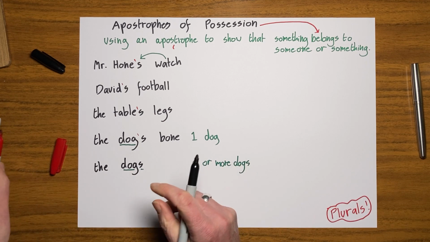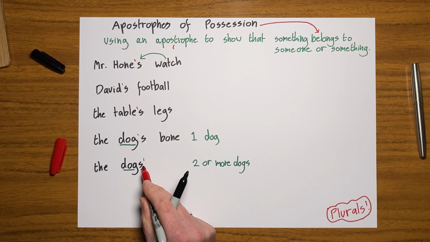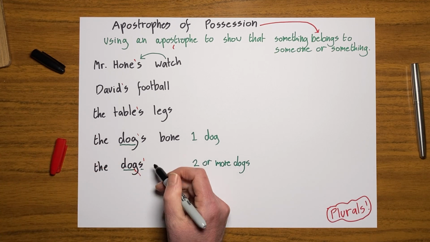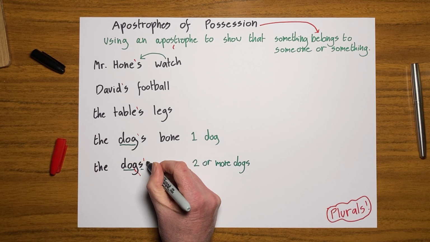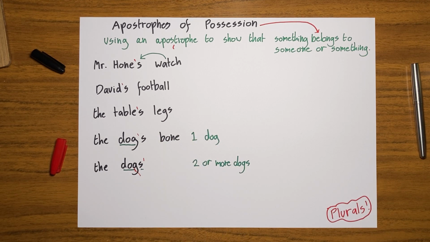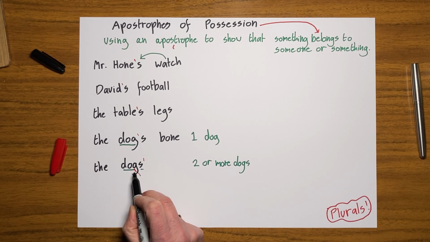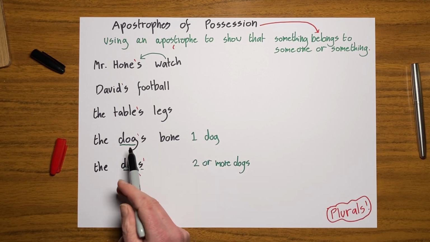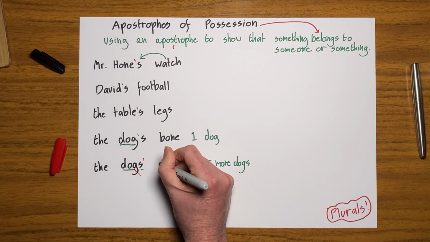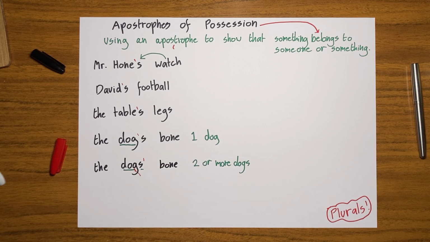Here I need to put the apostrophe after the S. Now, some people just leave it like that and put the apostrophe after the S. Some people put an extra S after. You can do either. I tend to leave it like that. So this is different because it means that there is more than one dog. So be really careful about that, because it sounds the same, the dog's bone, but here there's one dog, the dog's bone. In this example, there are two or more dogs all sharing a bone.